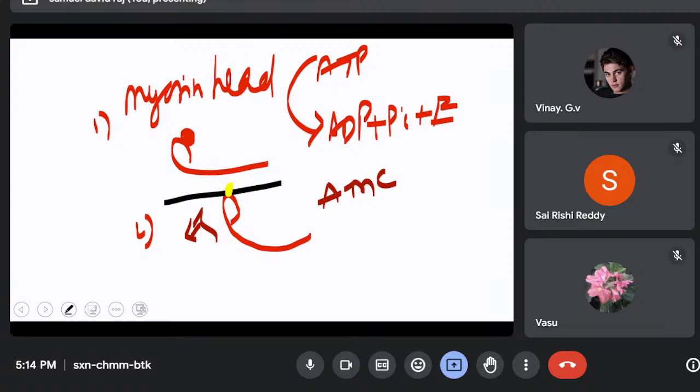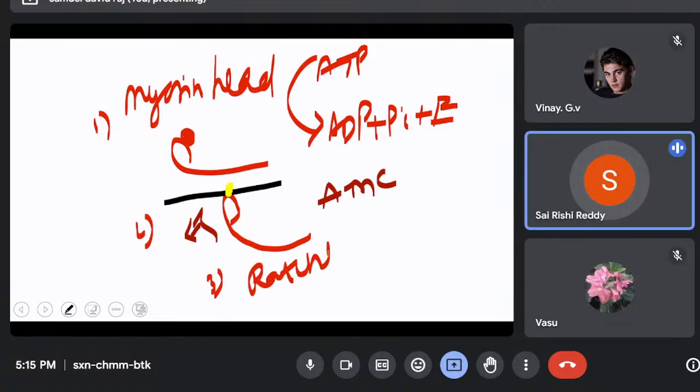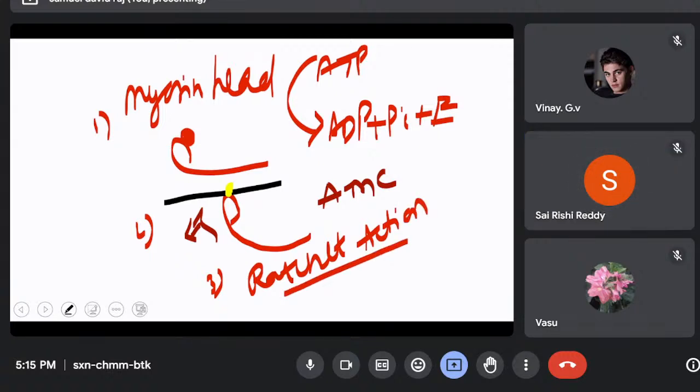Then after formation of the actomyosin complex, what happens? The power stroke, towards the Hansen's disc. Very good. So ratchet action takes place, the power stroke is effected, and actin filaments slide past the myosin filament. That is what you have to remember.